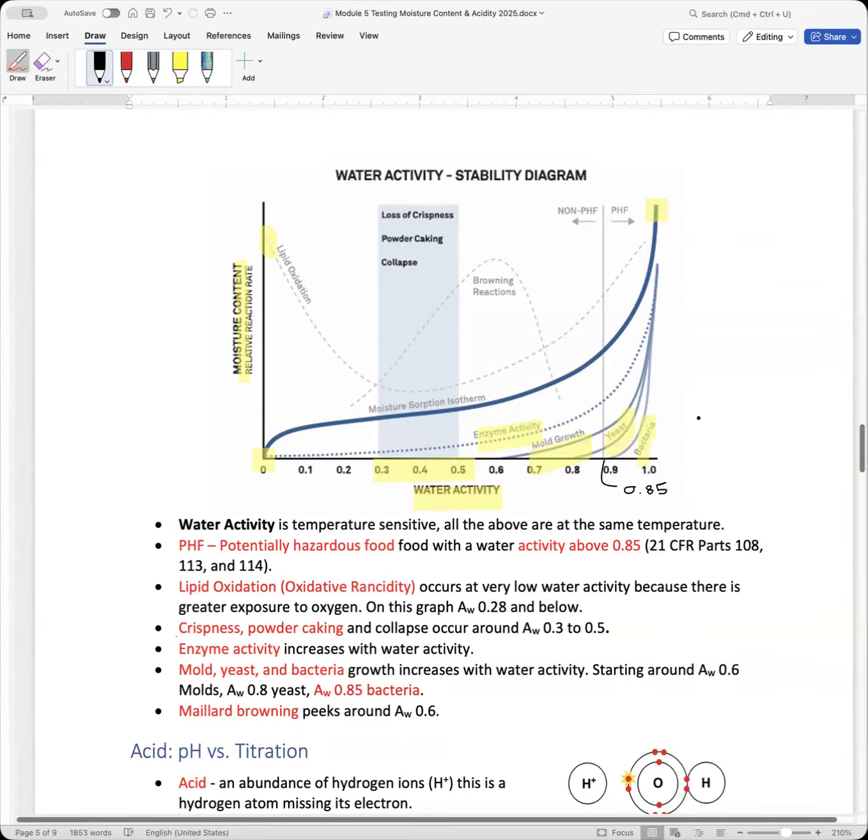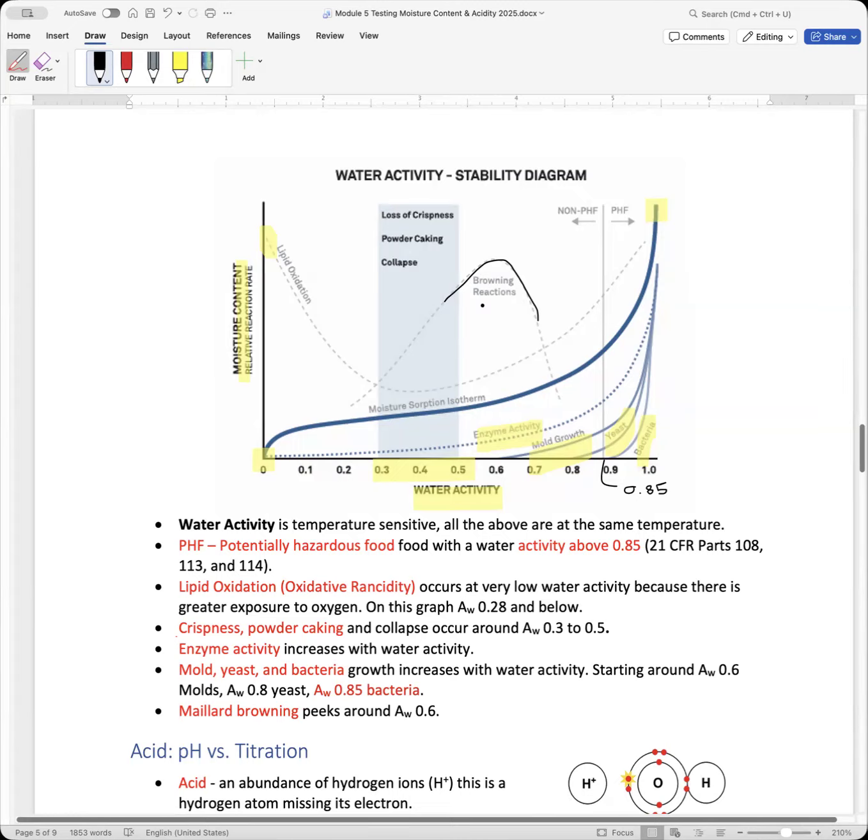Questions about this? If you look at it, it seems quite logical, but not always. Any questions? Okay, another thing to look at is that browning reactions, like the Maillard reaction and enzymatic browning, occur right here in the middle, when there's a lot of moisture.